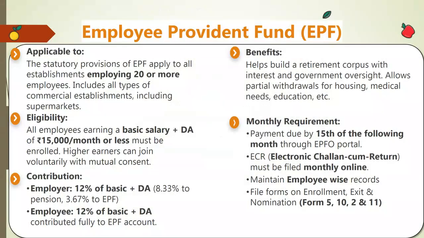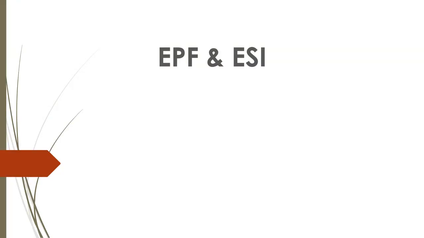And fundamentally, if you have registered and if you have not paid the payment within the 15th of next month, under income tax the employee contribution received would be deemed to be income. So it is a must to make the payment within the 15th of next month.